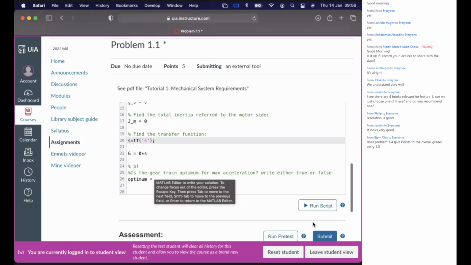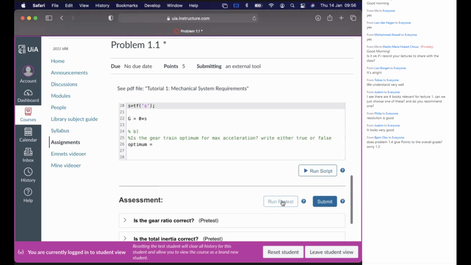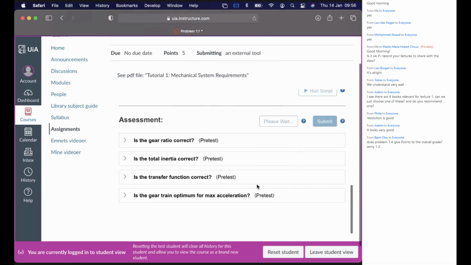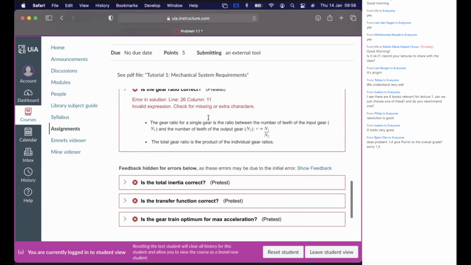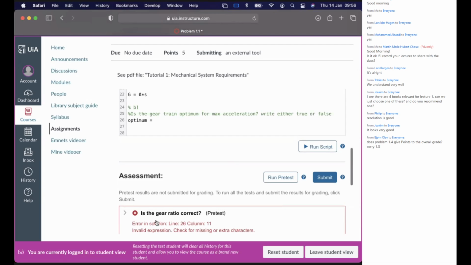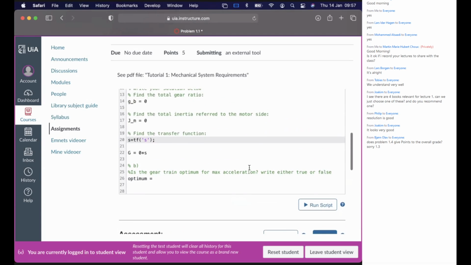And then you can run a script or you run pretest to see if you get correct. And that will test the results for you. So now it's not correct, it's red, red, red. But if you get green, green, green, you can submit it. Or you can submit it when you are satisfied with your results.